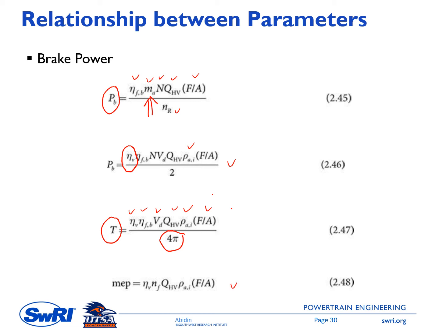And the last one here is the correlation for the mean effective pressure, a function of the engine volumetric efficiency and so on. Once again, you don't need to remember this equation, it will be provided for you in the exam.